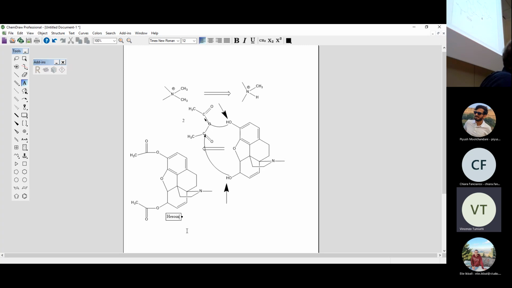A low quantity of heroin is necessary to have the same effect of a high quantity of morphine. So if we have 1 gram of morphine, we can have 1.5 grams, for example, more or less, of heroin. But we can prepare a lot of doses from the small quantity of heroin. So they can gain a lot of money with a low quantity of morphine.